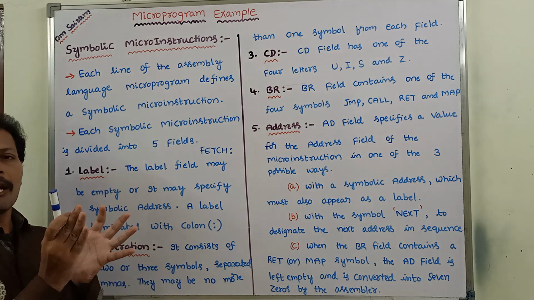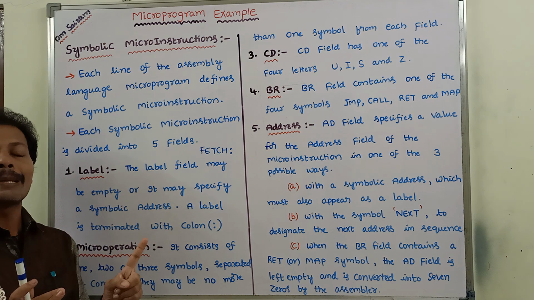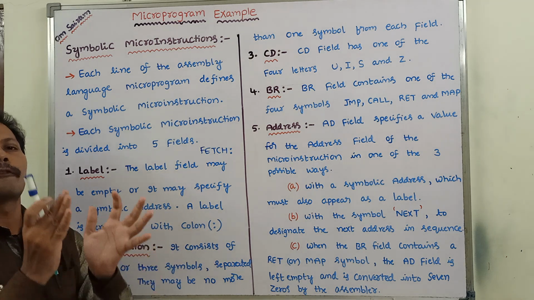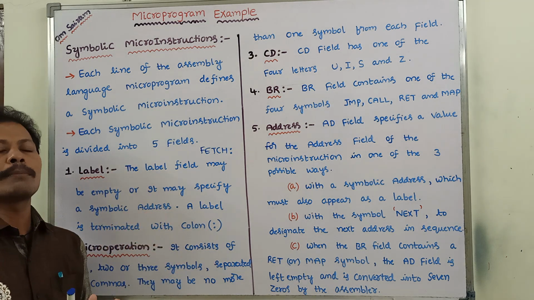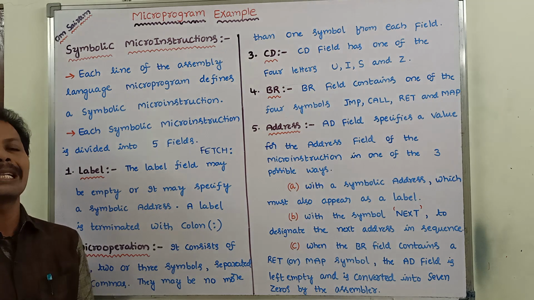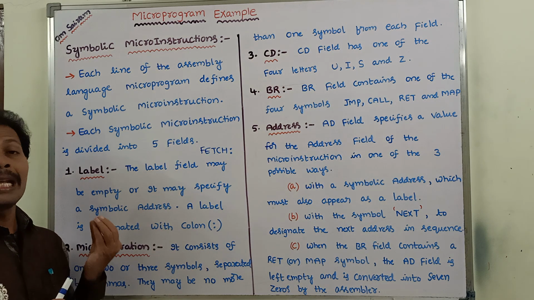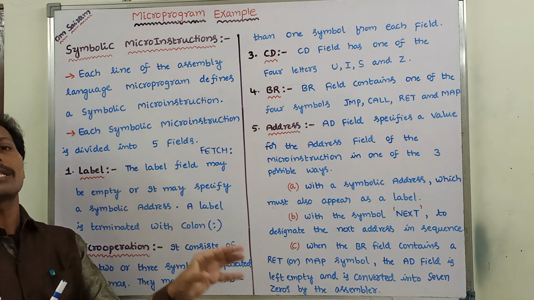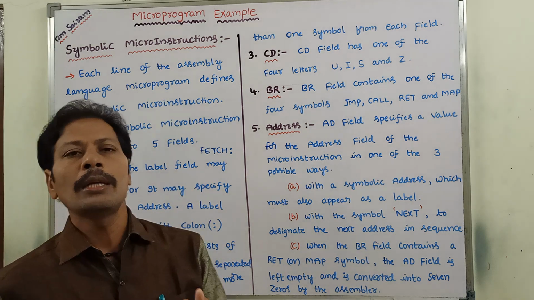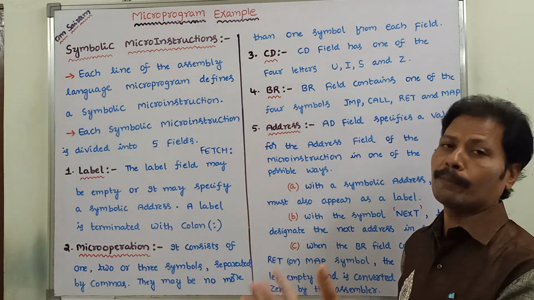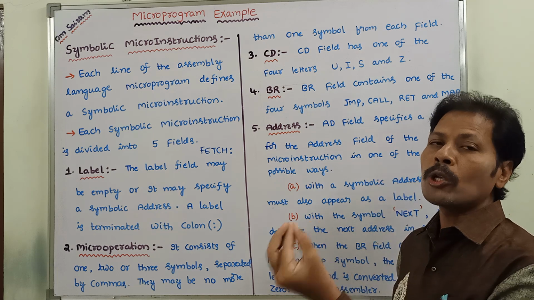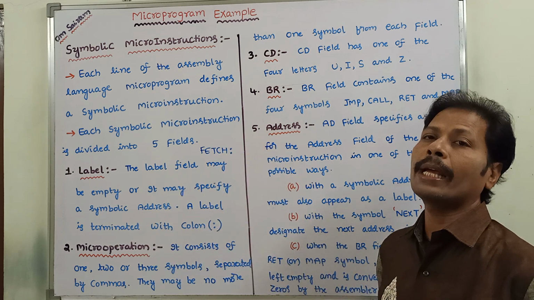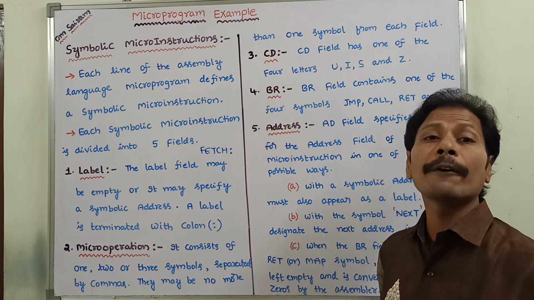From each F field we can take 1 symbol at a time. From F1 field we can take 1 symbol. From F2 field we can take 1 symbol. From F3 field we can take 1 symbol. It is not possible to take more than 1 symbol from each field, such as 2 symbols from F1, F2 or F3 field.